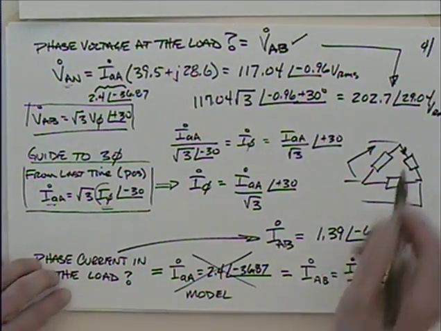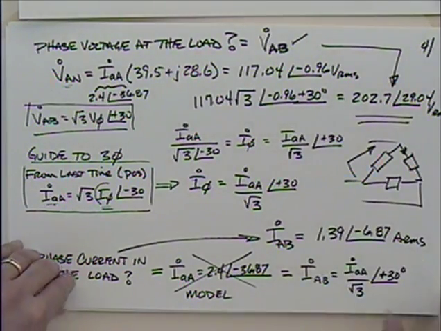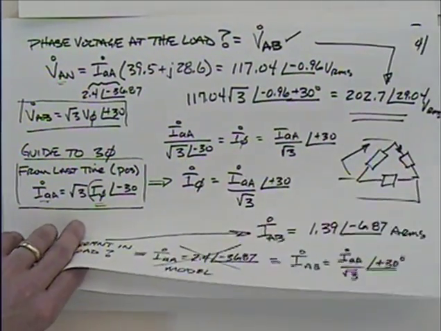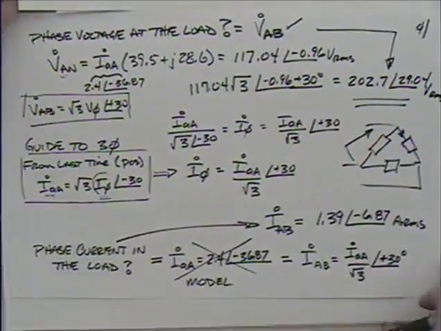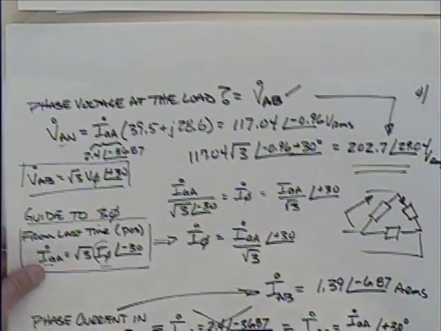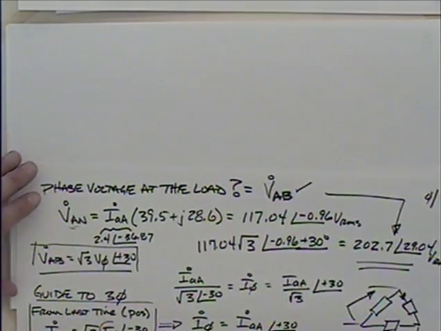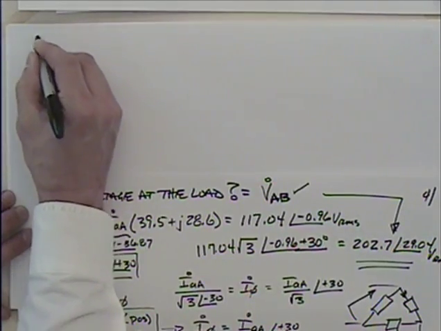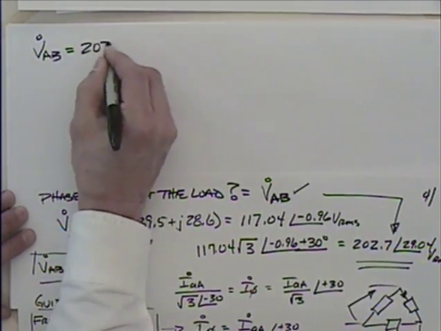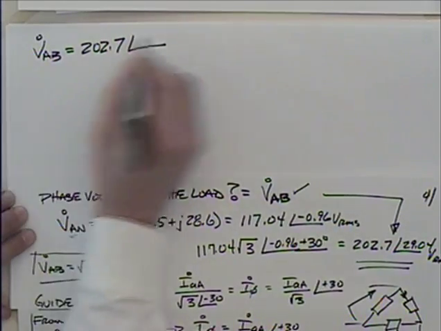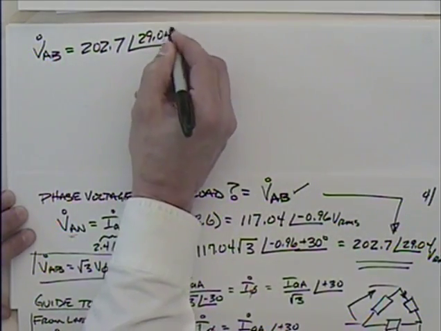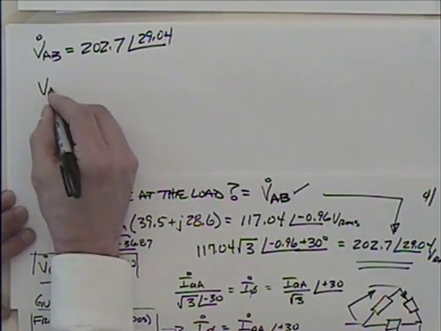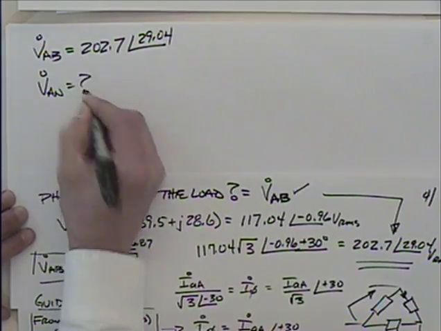Questions with that? So let's go backwards on that. I've got just enough time to finish this up. If we started and said that VAB was equal to 202.7 at an angle of 29.04, and I wanted to get voltage AN, what would we do?